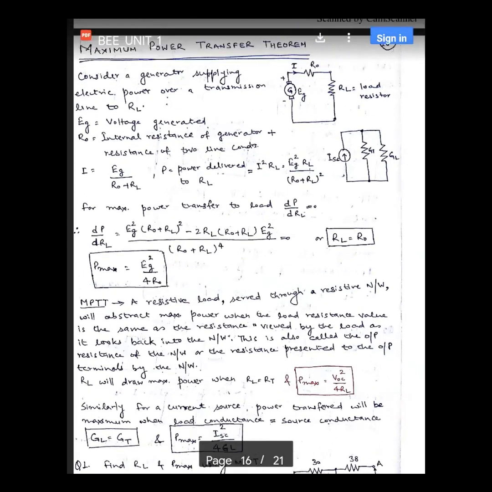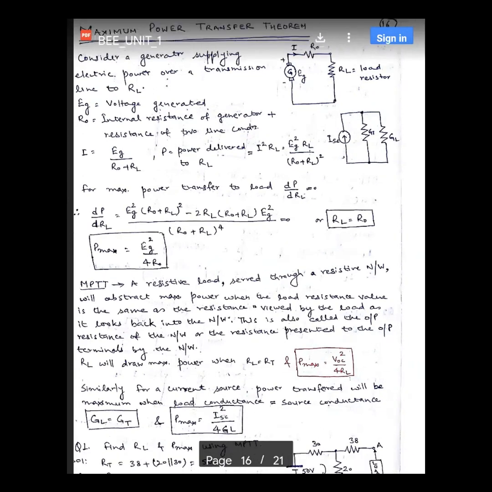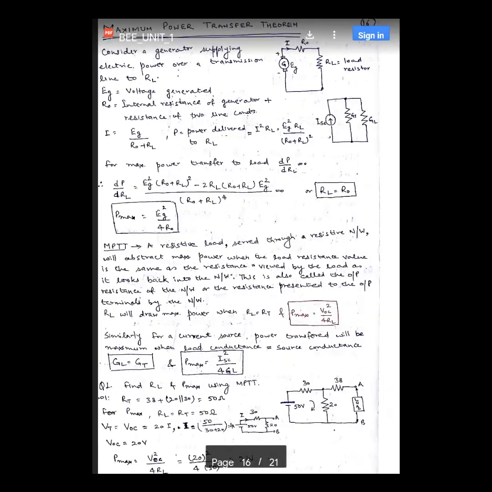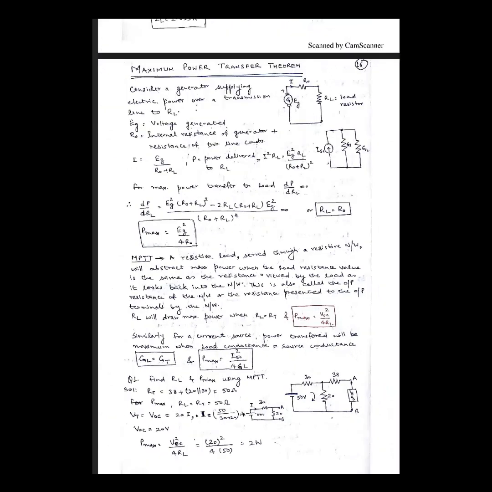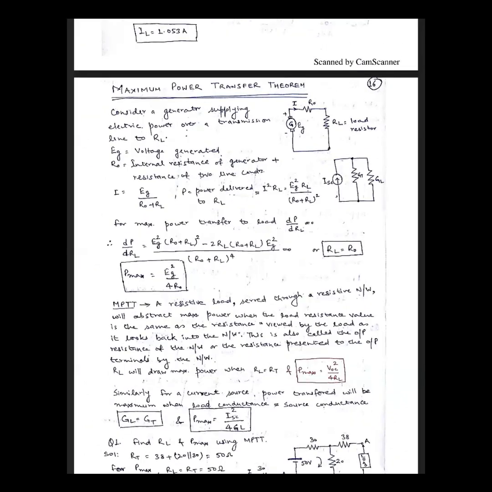So this voltage source can be removed and changed to a current source, because as I have just told you, it is also applicable that Thevenin resistance and Norton resistance are equivalent.